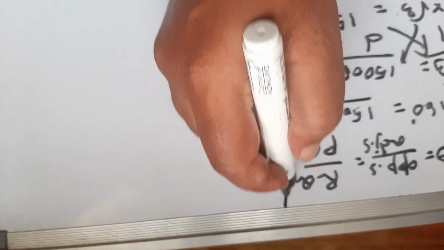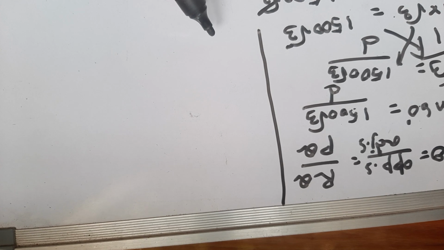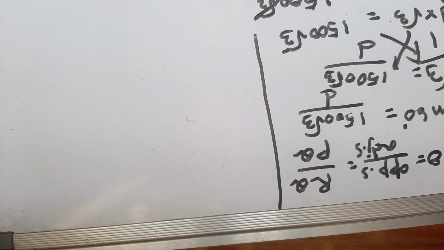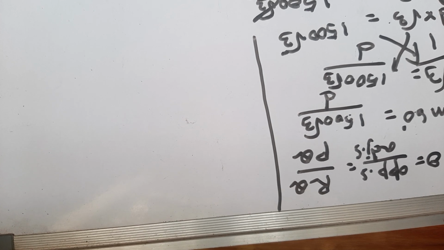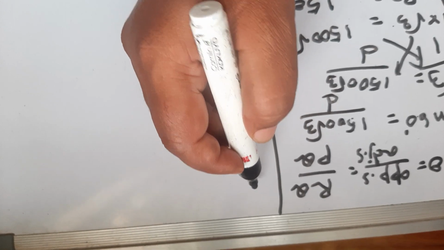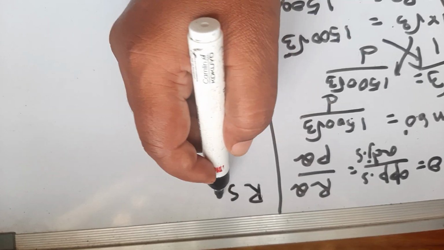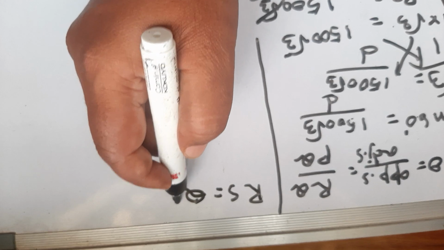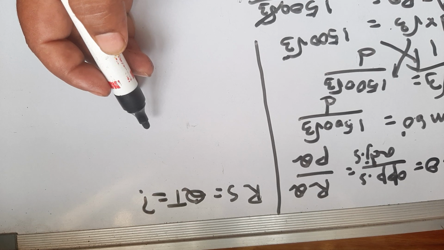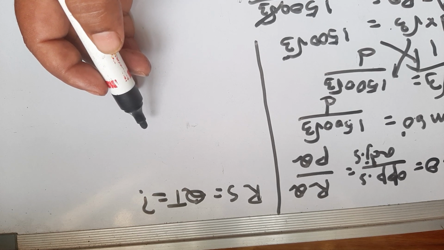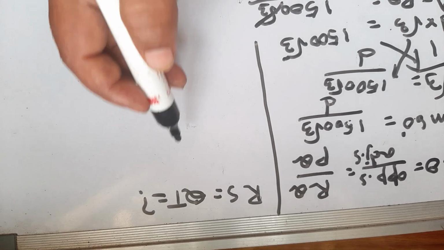The question asks for the speed of the jet plane from the position R to S, so RS is equal to QT. This is the question mark. So how to find it? We want to find QT.